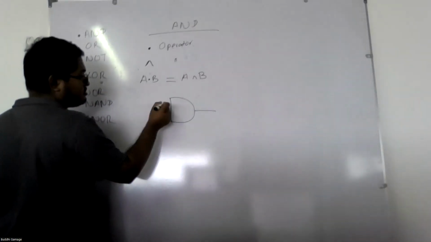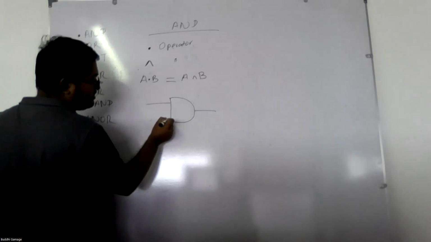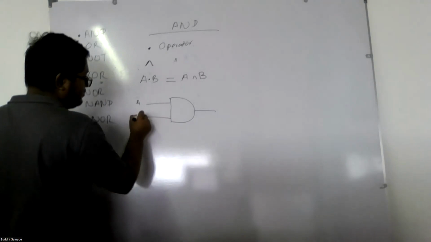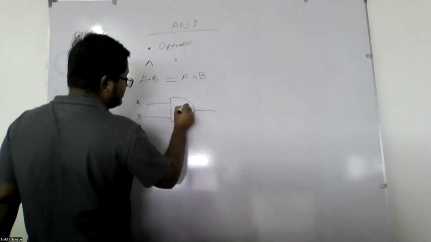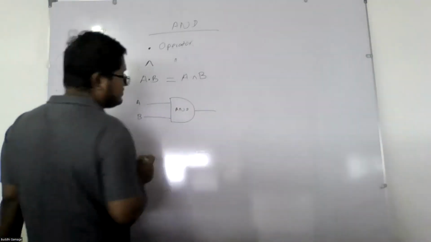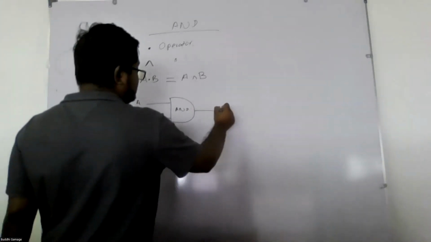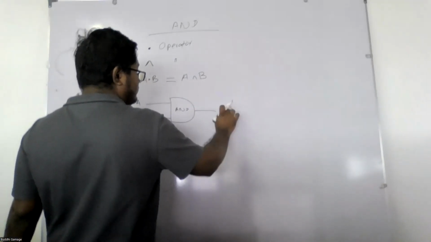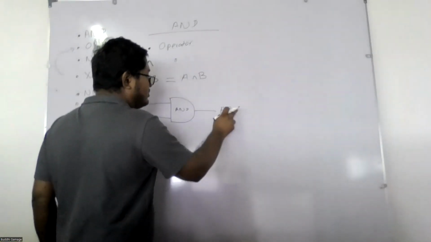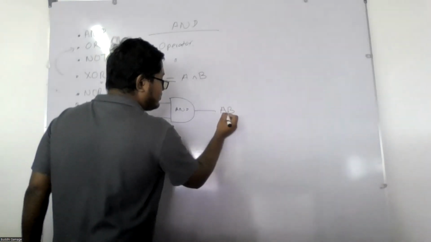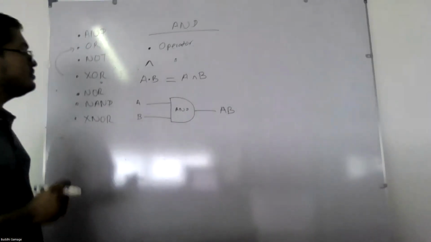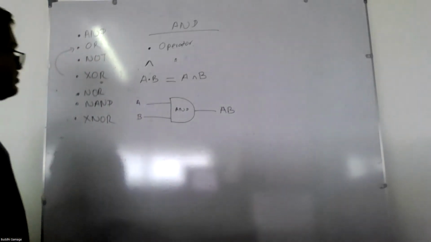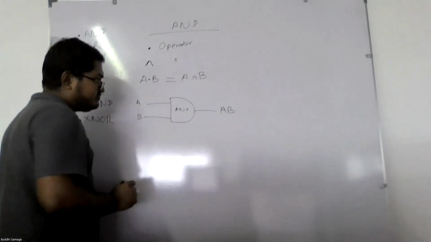If we consider two inputs, A and B, the output will simply be A dot B. We can even remove the dot and simply write AB. It means A dot B, or A AND B.